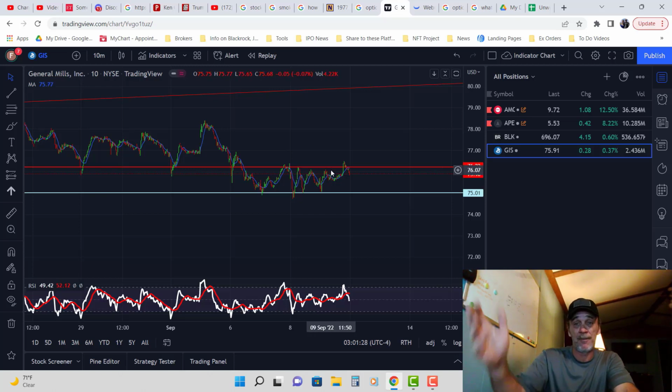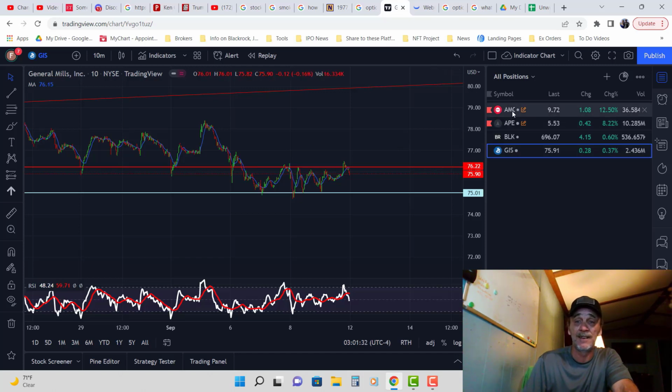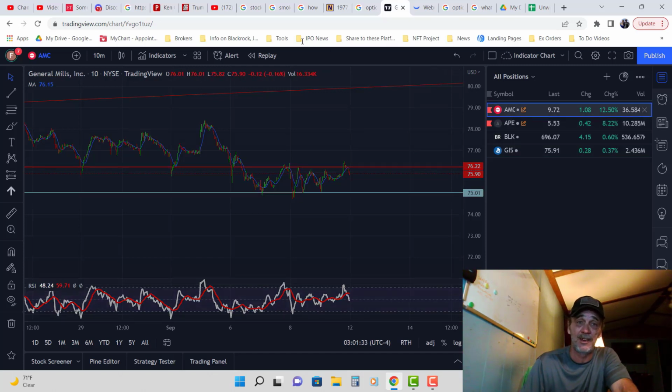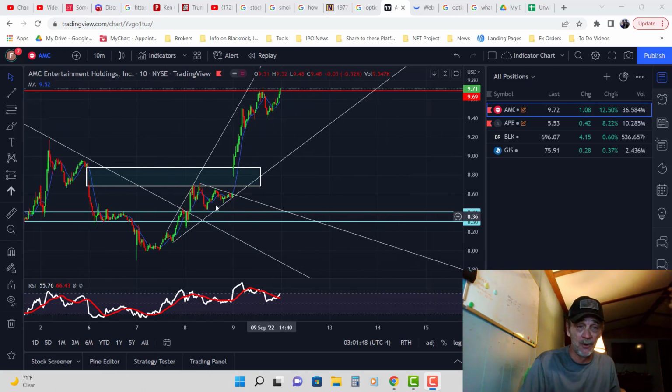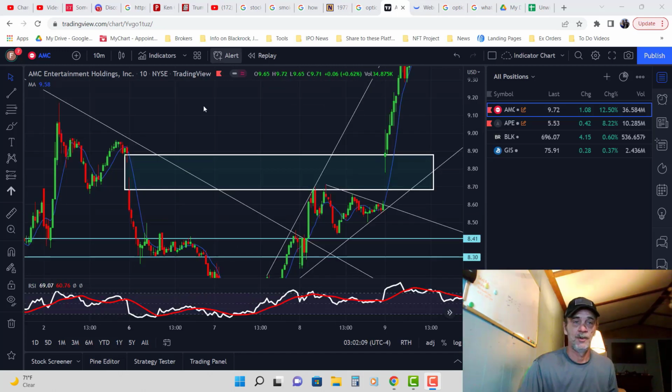So I scrapped that. And during the day, as I'm doing this, I always take a look at AMC. Over here on AMC, we see that on September 6th, we had a gap down. A gap down simply means that the stock opened lower and there was no price action in this area when it opened.